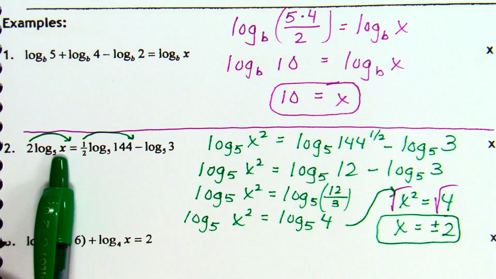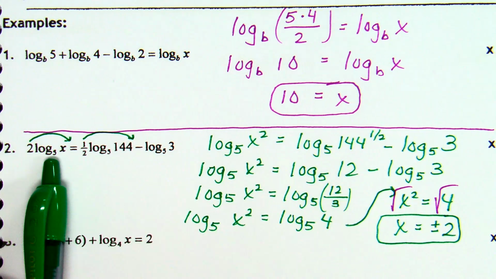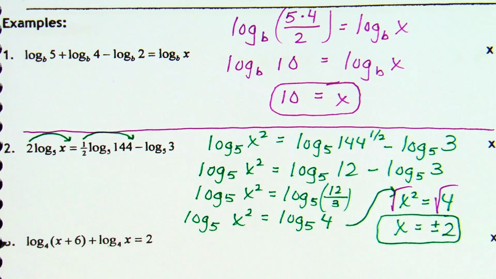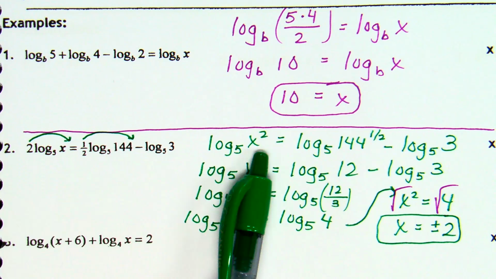Okay, so what I'm going to say is you need to consider, and it's a questionable one here. If you're just talking log of negative 2, log of negative 2 does not work. However, there's that 2 out front, right? And that 2 works also as a power. Does it work now if we have that squared on there? Yes.